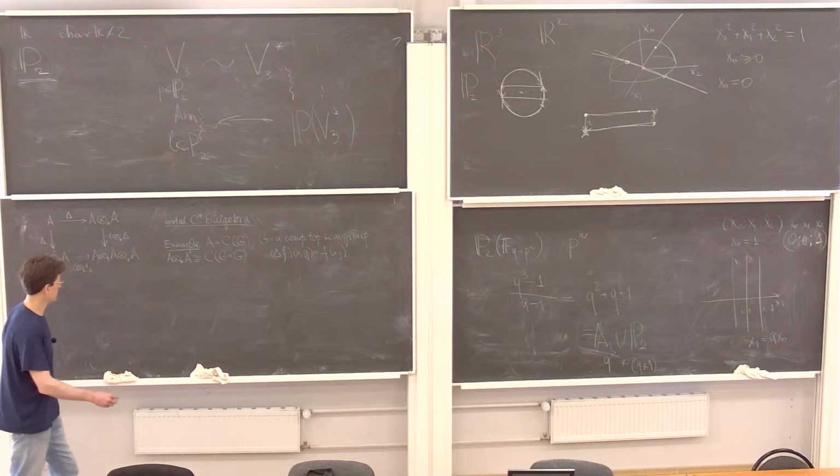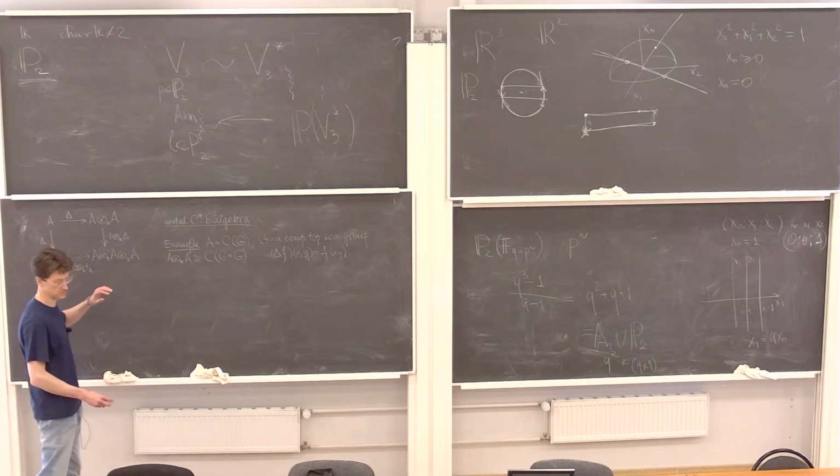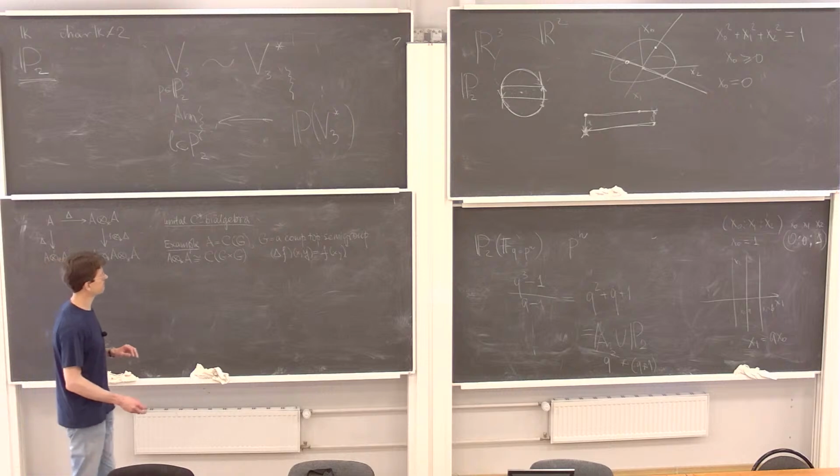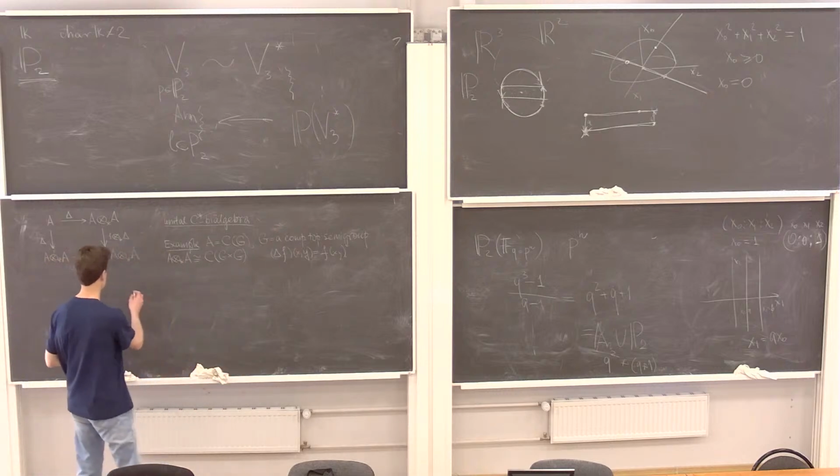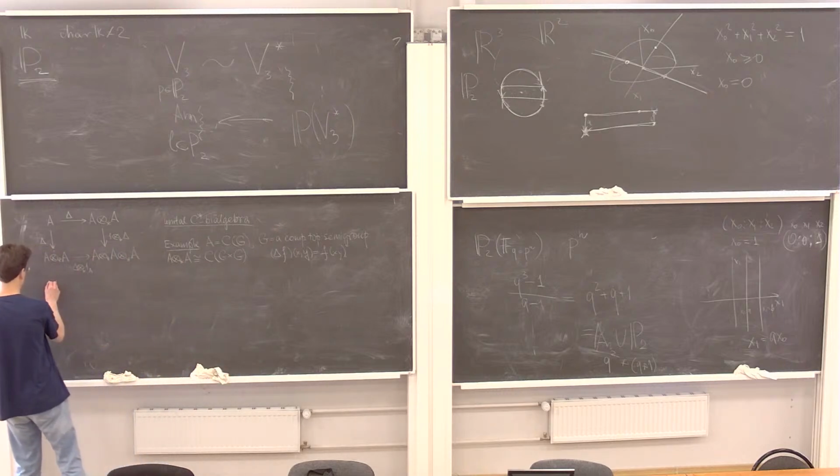And in fact, we observed that this example describes all commutative unital C-star bialgebras. So we have the following equivalence of categories.